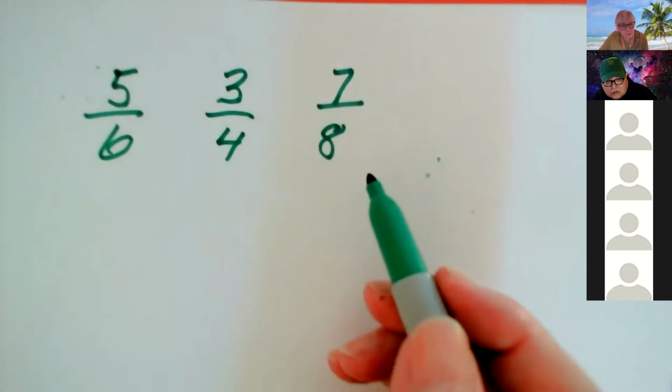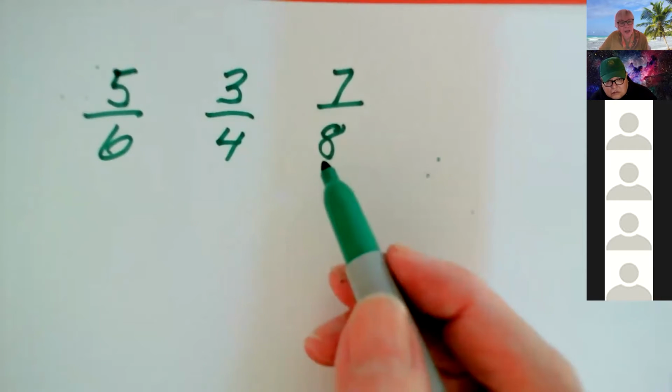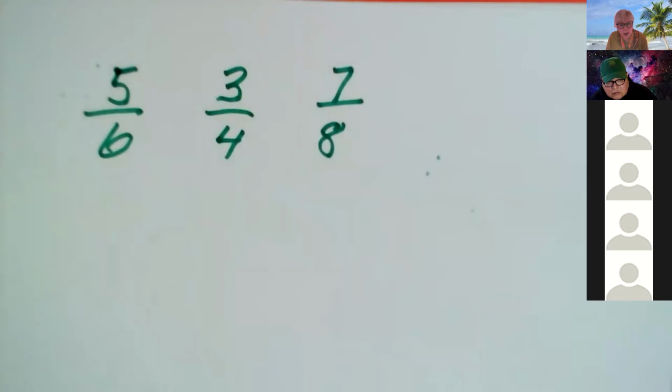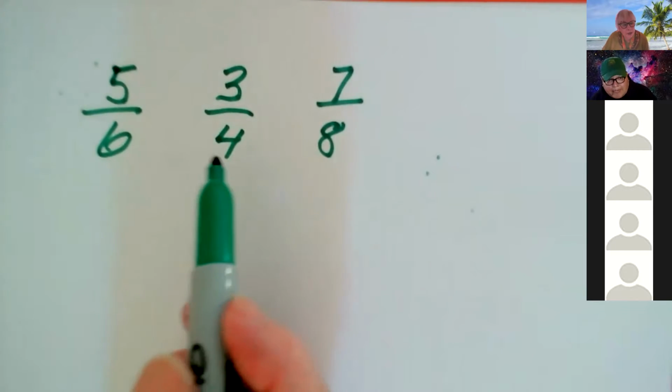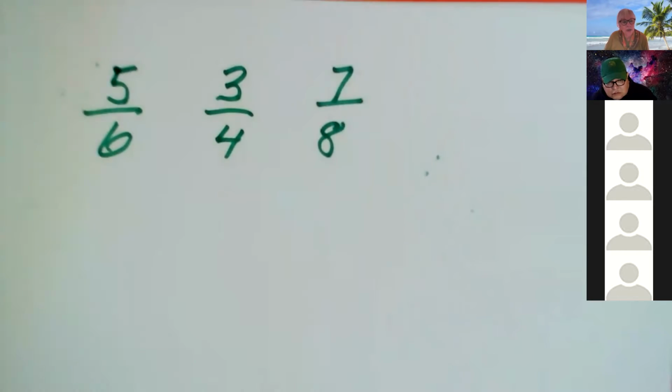Well, from this vantage point, we can't tell very well, but we can tell once we have a common denominator. And then it's really obvious which one is the biggest, which is the smallest, and which one goes in the middle. I didn't want to redo this problem, but I wanted to remind you that the way we determined which one was the biggest and which was the smallest was to get a common denominator.